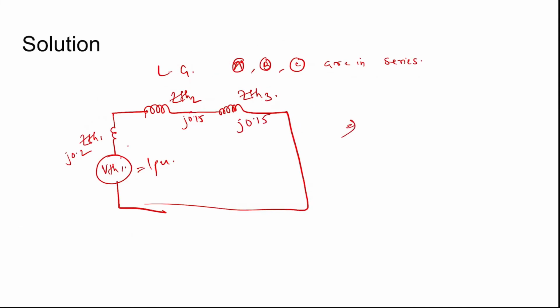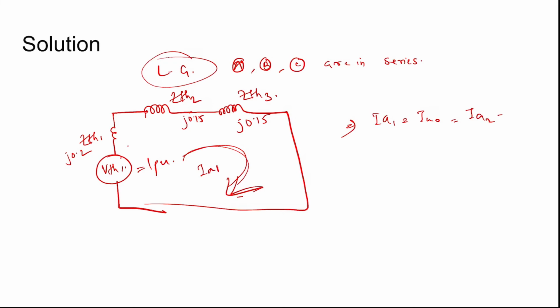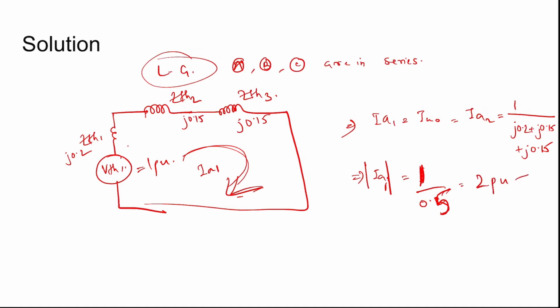So for line to ground fault, as determined from the equivalent circuit, the symmetrical component currents IA1, which is the same as IA0 and IA2, come out to be equal to 1 divided by j0.2 plus j0.15 plus j0.15. Let us calculate the magnitude of IA1, which comes out to be 1 by 0.5, which is 2 per unit.